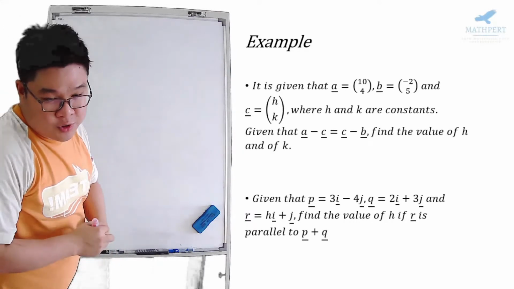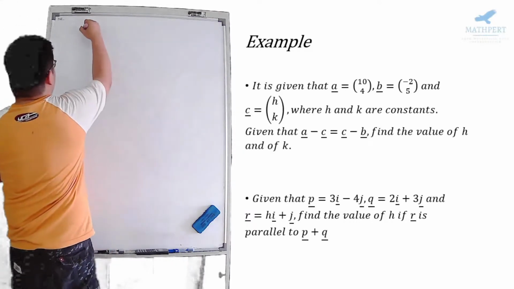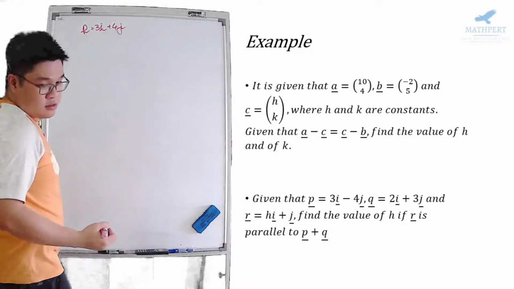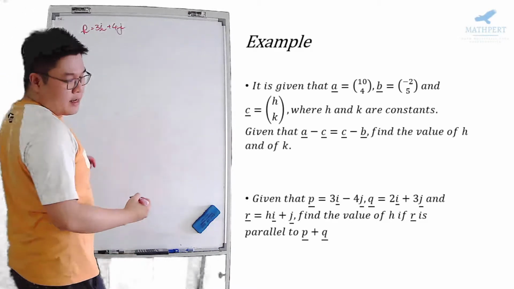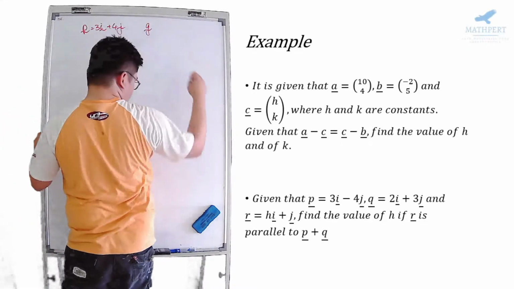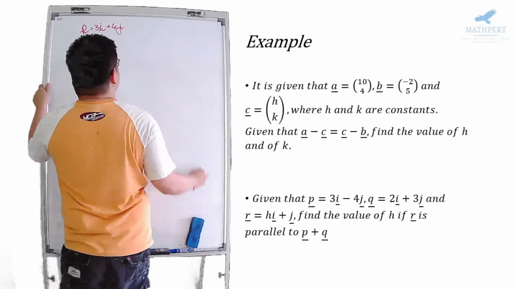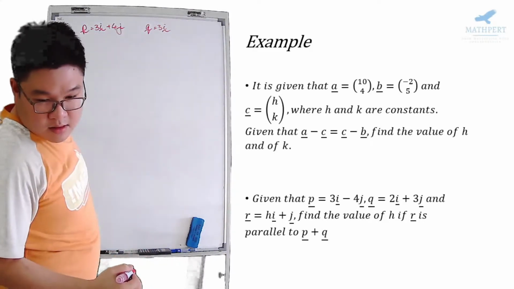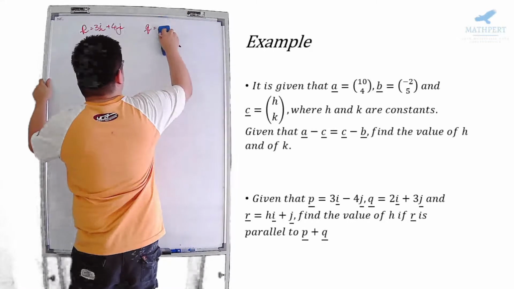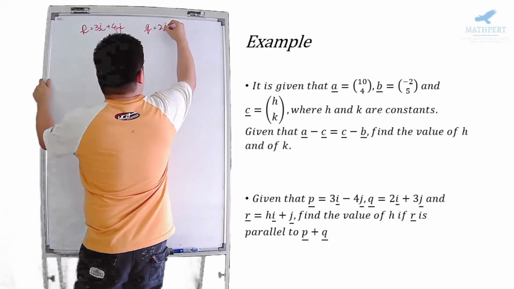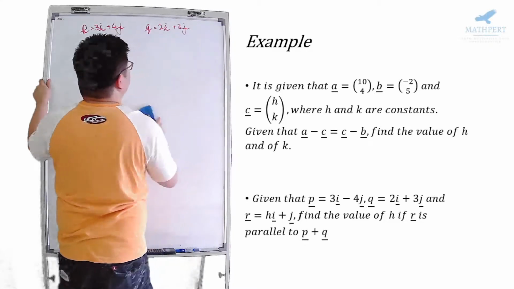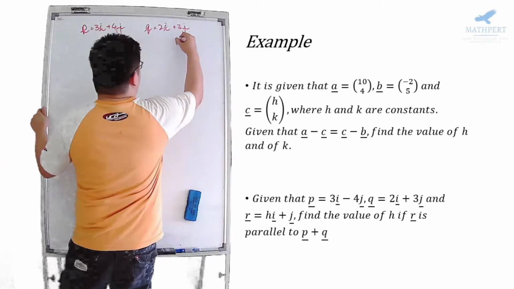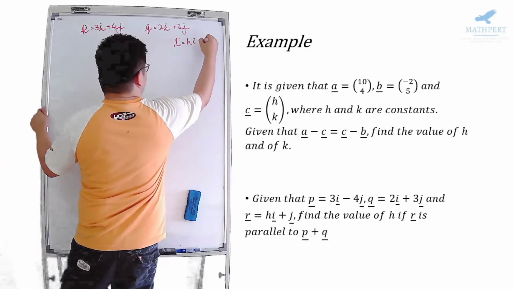Given that P is equal to 3i plus 4j, and Q is equal to 2i plus 3j, and R is equal to hi plus j.